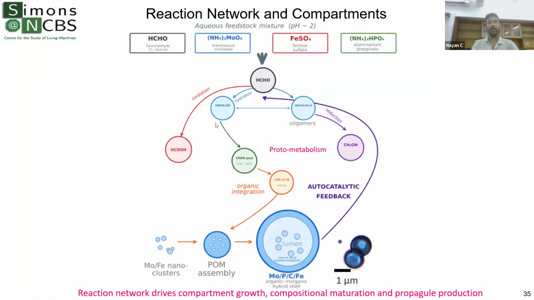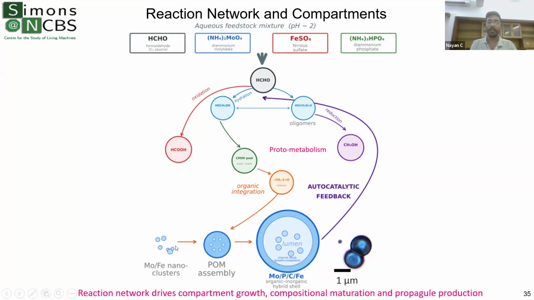And so then overall, we have this picture. So that's the summary. We have a simple aqueous mixture of 4 salts, starting from which we have a mechanism through which formaldehyde gets oxidized and reduced, and a few more steps are also incorporated, and then it generates an oligomeric pool, and simultaneously the molybdenum and the iron also generate these POM clusters, which are well known in the field.